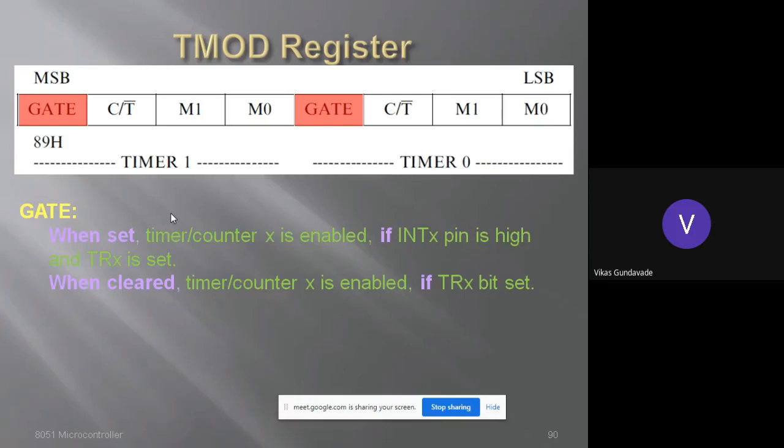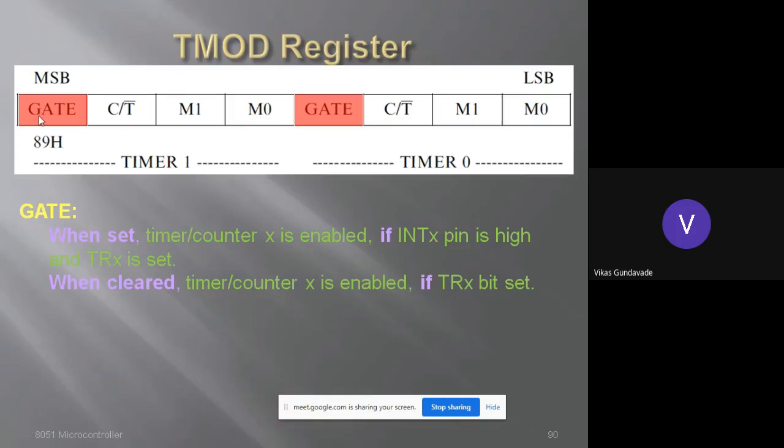Or we can say when this gate is 1, then external triggering or external peripheral hardware is required to enable the timer. So always keep in mind, whenever we are using that particular peripheral as a timer or counter, this gate bit should be 0.